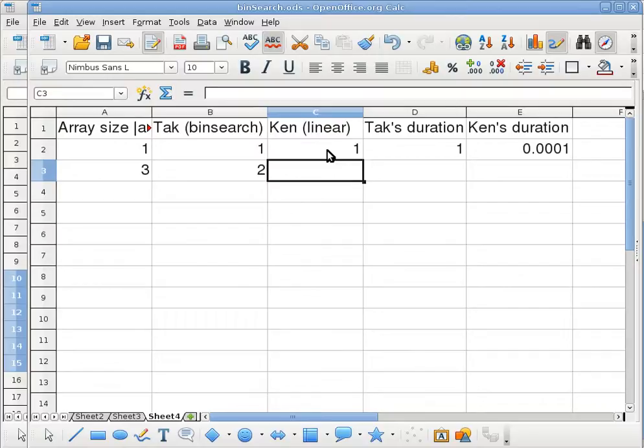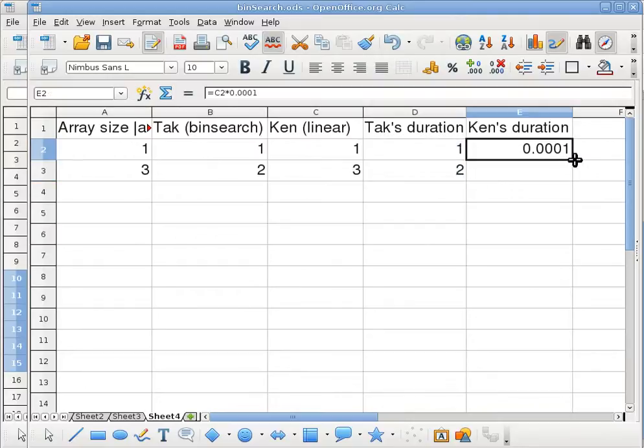He doesn't have to compute the floor function either, so that's why we have a huge discrepancy here. But in this case, Can's algorithm will need 3 comparisons because he needs to scan through the entire array if the element we're looking for is larger than all the values in the array. But I don't need to re-express my equation. I just need to extend the equation I have so far.